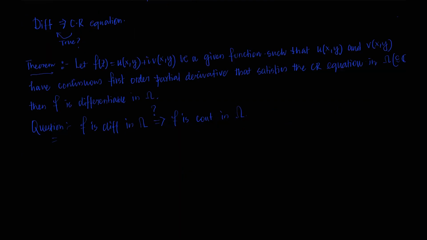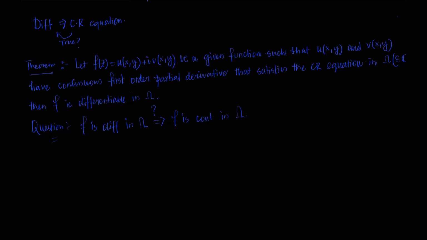The hint is this: think of your function from R to R. The definition of differentiability is exactly the same as what we are doing here. The definition of continuity from R to R and from C to C is essentially the same. In the R to R case, if the function is differentiable, it is going to be continuous. So what happens here? That's the question.